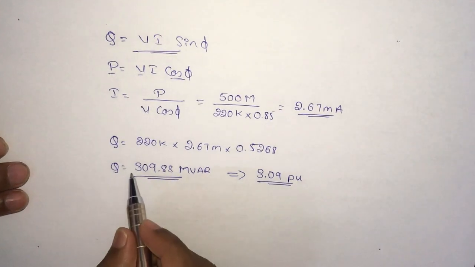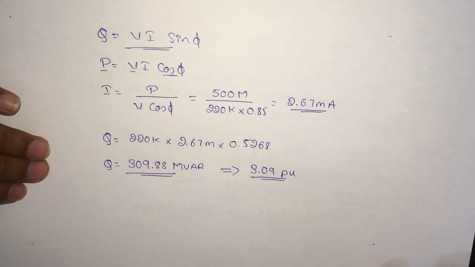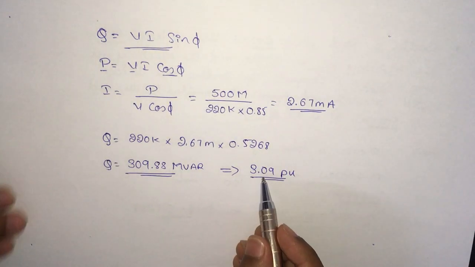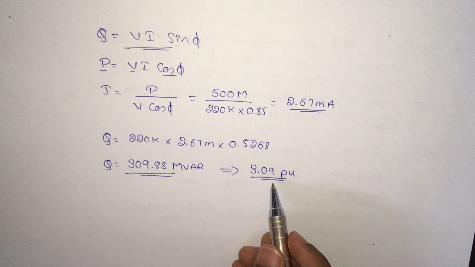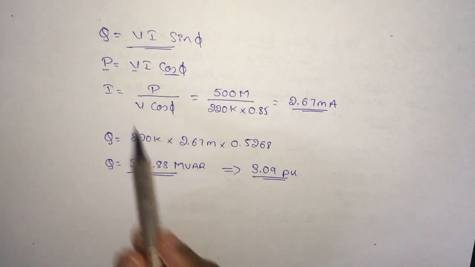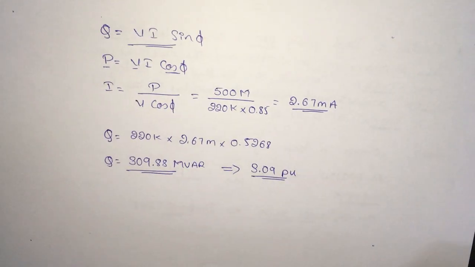Since the base value is 100 MVA, we are going to divide it by 100. 309.88 divided by 100 leads to 3.09 per unit. Now we got the per unit value of P and the per unit value of Q. Let us find the base impedance value.